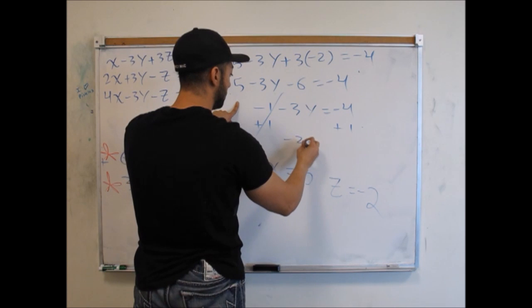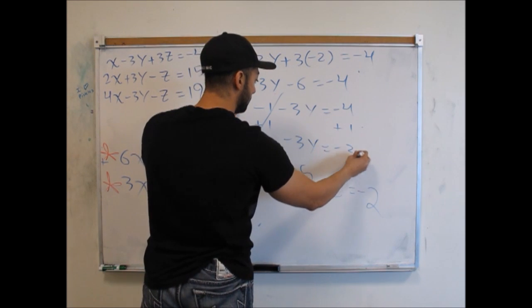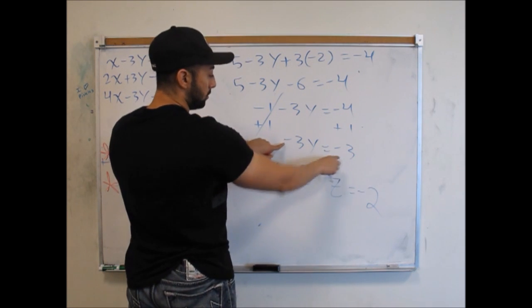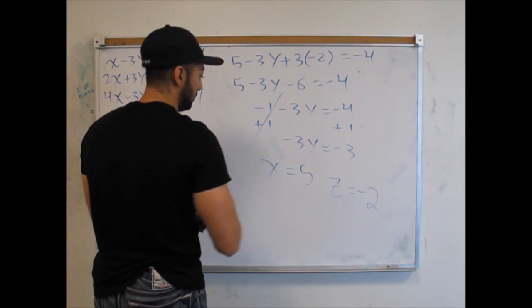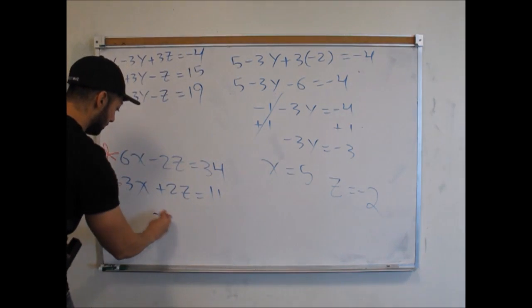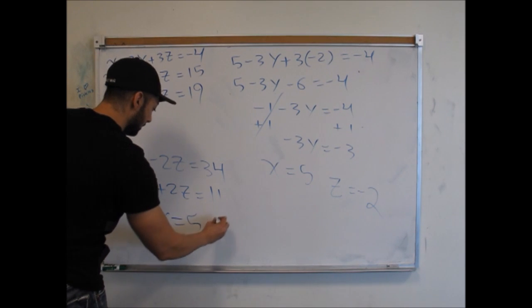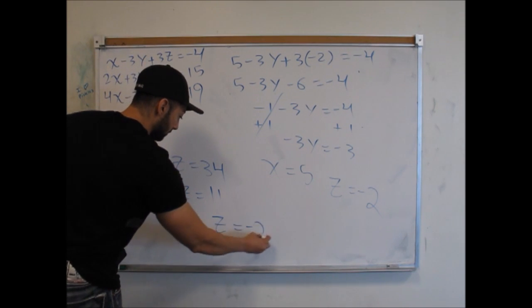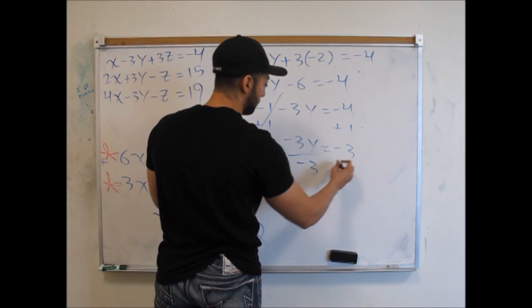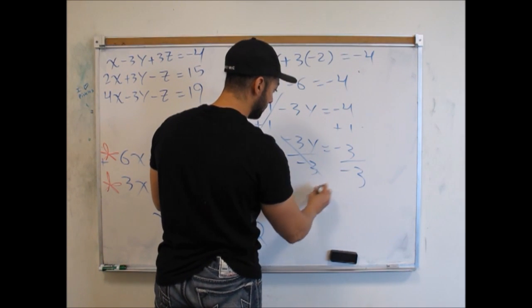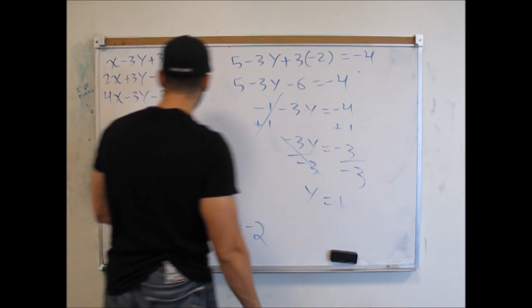Negative 3y is equal to negative 3. Dividing by negative 3, you get that y is equal to 1.